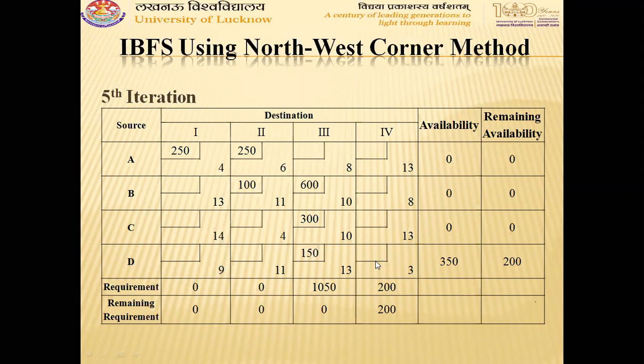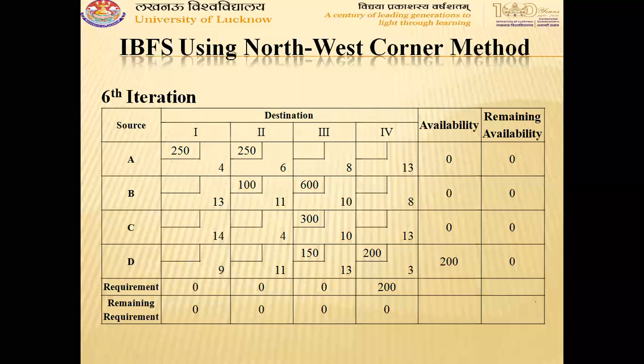We allocate 200 here, and we can see that all the remaining requirements become 0, as well as all the remaining availabilities. That means all the allocations are made and all the requirements are fulfilled. So it is the initial basic feasible solution to the given transportation problem by using the northwest corner rule.